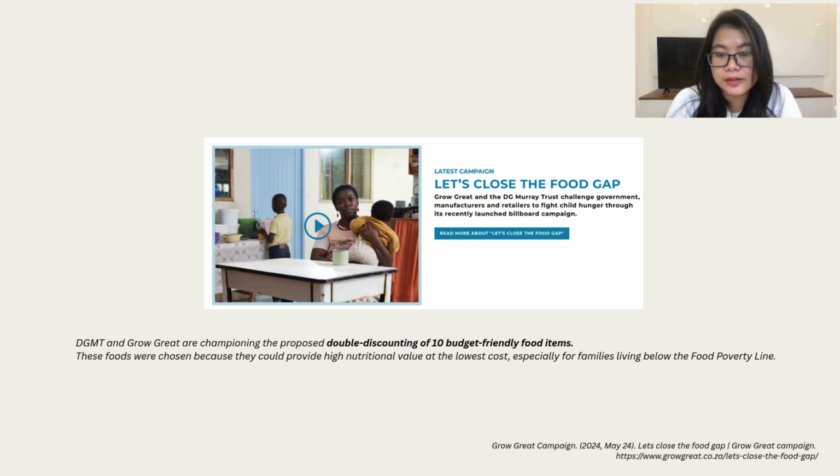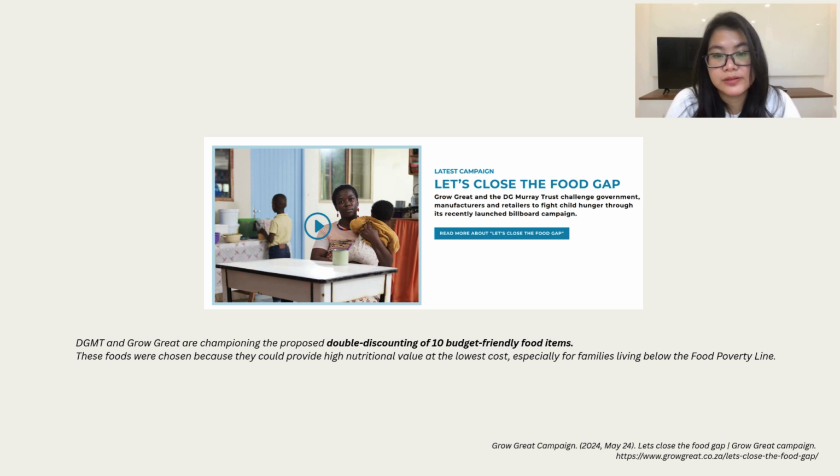I believe that a good example of this is the Grow Great campaign done last year. Let's close the food gap. This campaign champions the proposed double discounting of 10 budget friendly food items. And these foods were chosen because they could provide high nutritional value at the lowest cost, especially for families living below the poverty line.